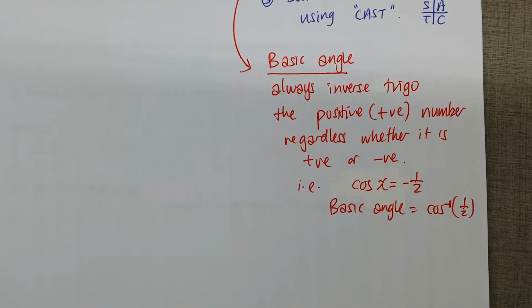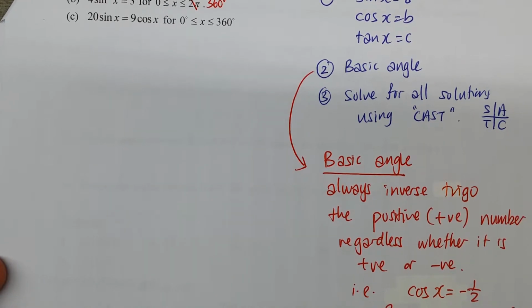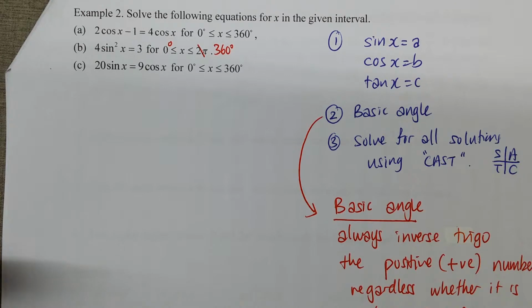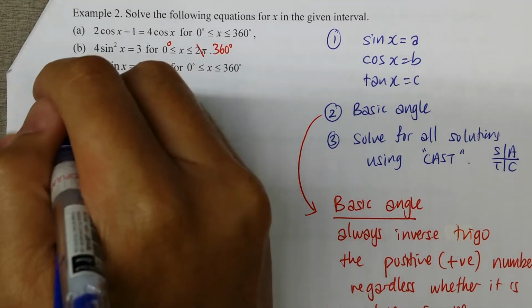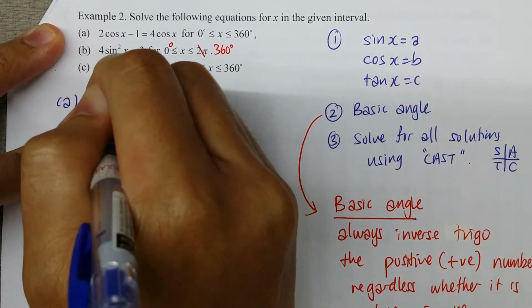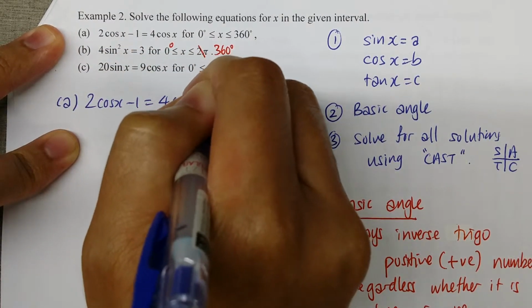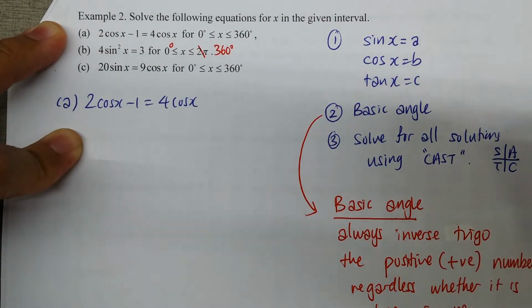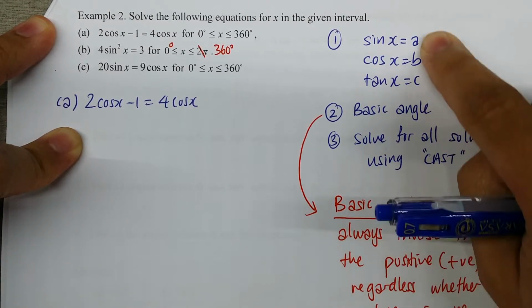I will refer to this again. Let me shift up so that I can see the question. Question A, 2 cosine x minus 1 equals 4 cosine x. Remember what I say? Write in this form. Manipulate until you get this form.